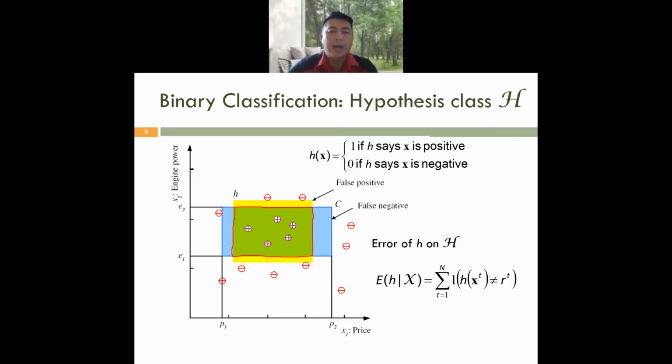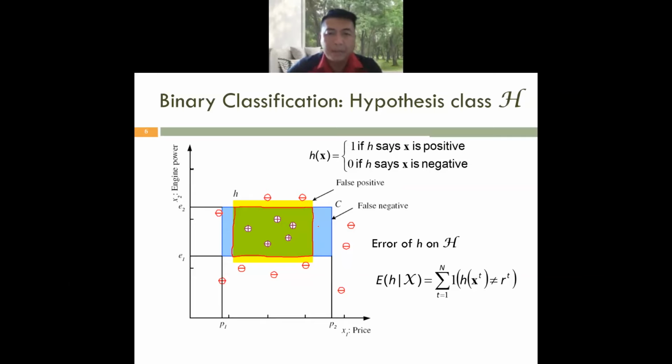Based on the hypothesis, if X is within that yellow box, the class will be 1 if H says X is positive. Outside the box is 0 if the hypothesis says X is negative.